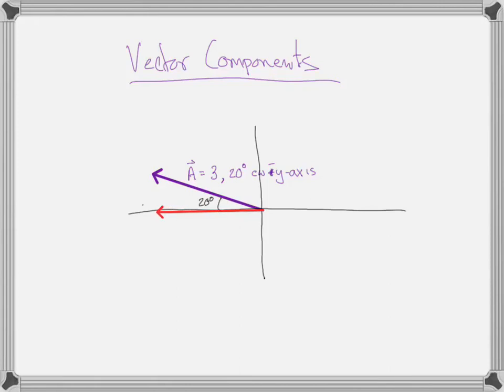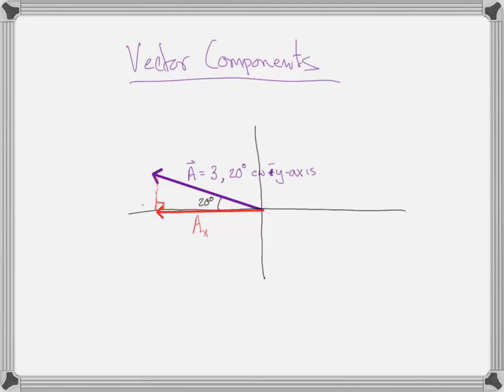The x component of the vector is the projection of the vector onto the x-axis. So that means we drop a perpendicular down to the x-axis and we draw the vector that goes to that perpendicular. So that is what's called the x component of the vector. So we call that a sub x.